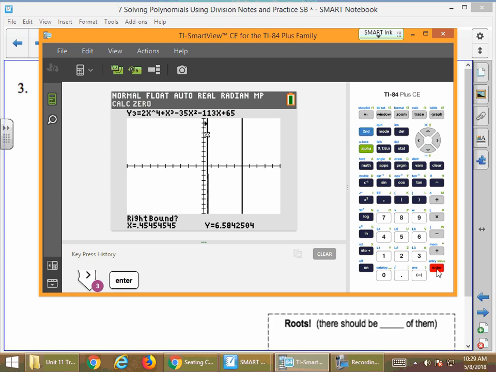Then hit enter. Because when I hit the right arrow again the next time, I can't see the cursor anymore, but I'm going to hit enter. And because mine shows up here, it's in between, I'm going to hit enter one more time. And there we get the value of that second root.